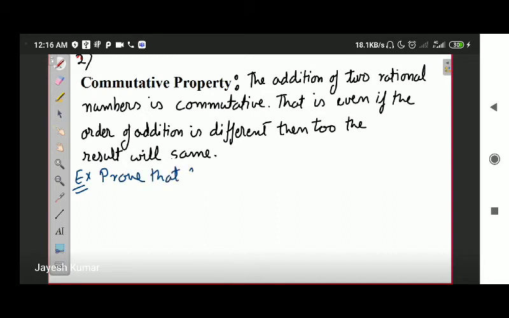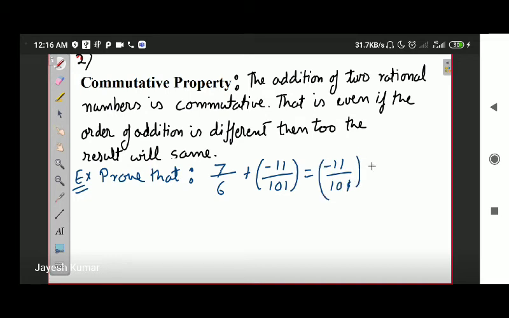Prove that 7 upon 6 plus minus 11 upon 101 is equal to minus 11 upon 101 plus 7 upon 6. This is one of the difficult questions, so I am taking this one. We have to prove that this left hand side part and this right hand side part are equal. So how do we explain it?